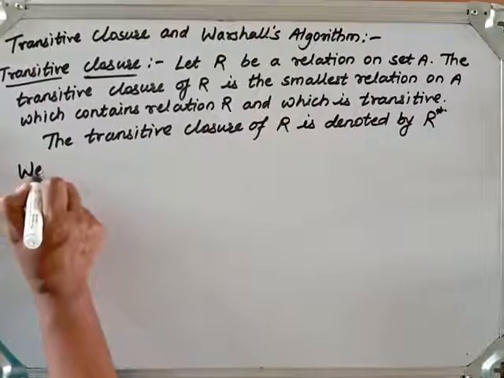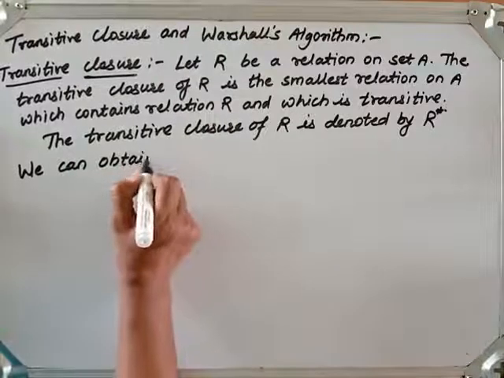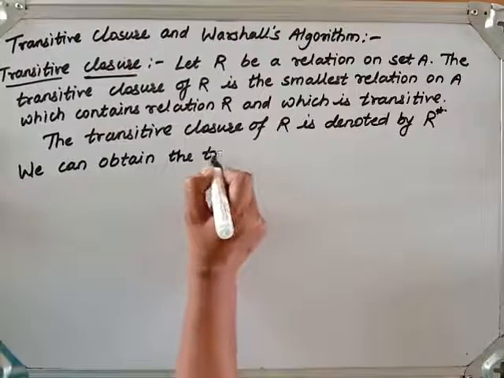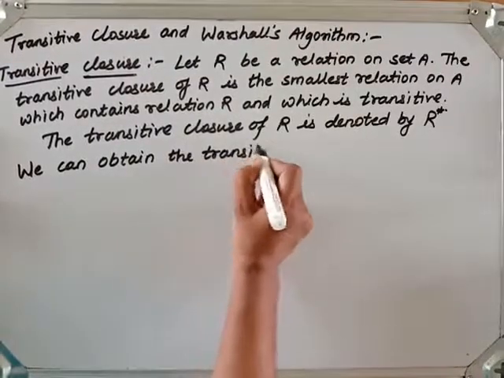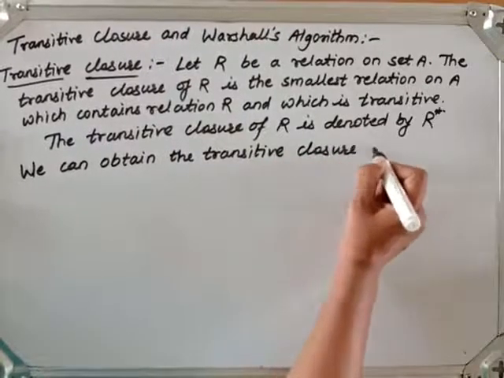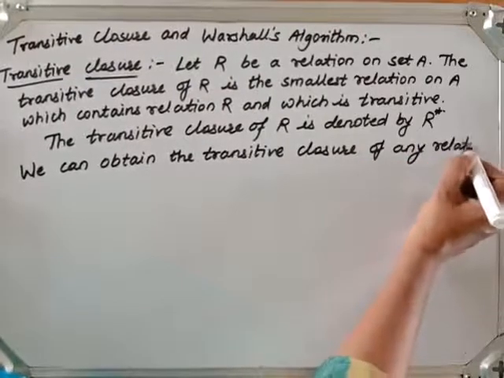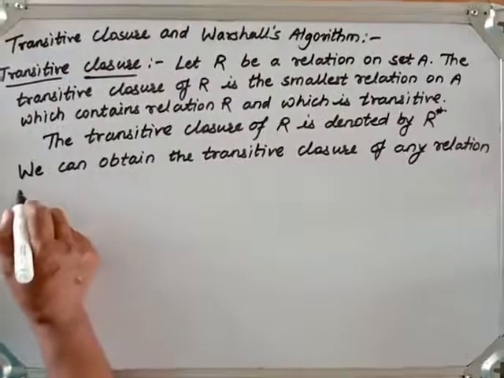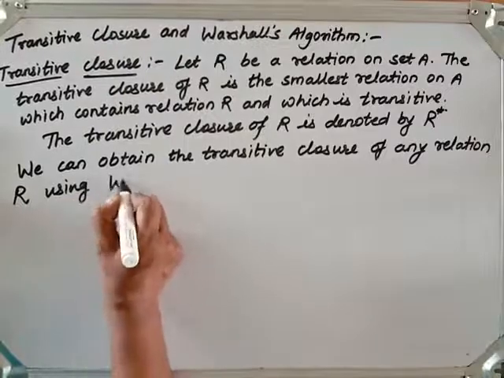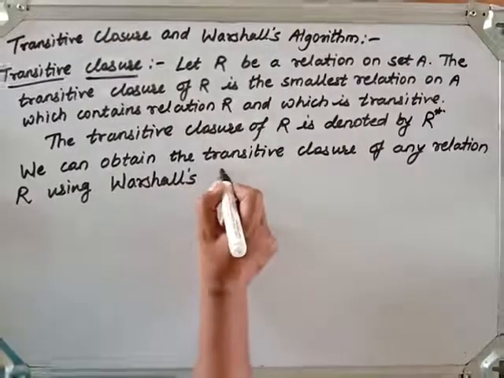We can obtain the transitive closure of any relation R using Warshall's algorithm.